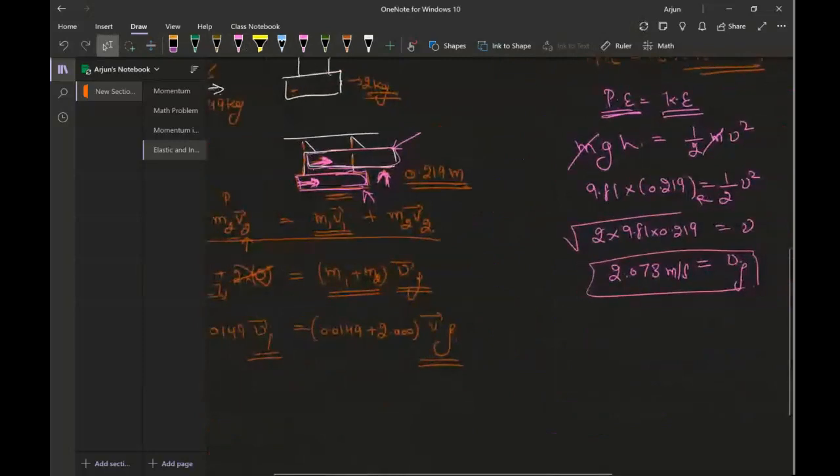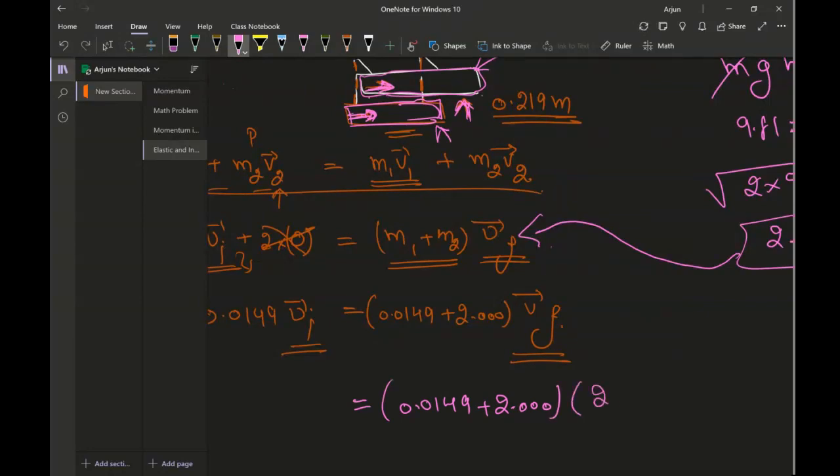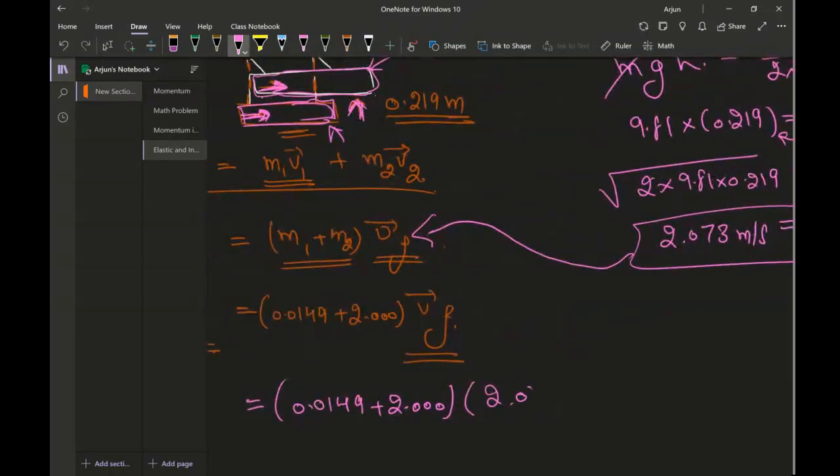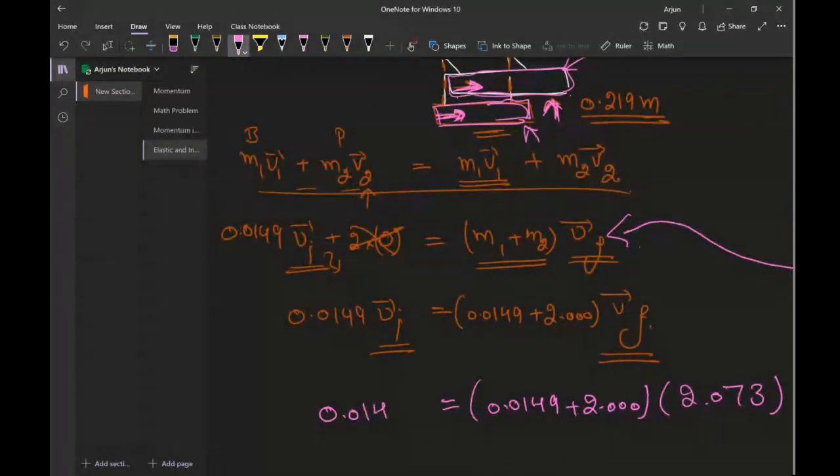Now once we have the final velocity, I can use it down here and simplify for the initial velocity. So 0.0149 plus 2.000 multiplied by 2.073 equals 0.0149 v initial.